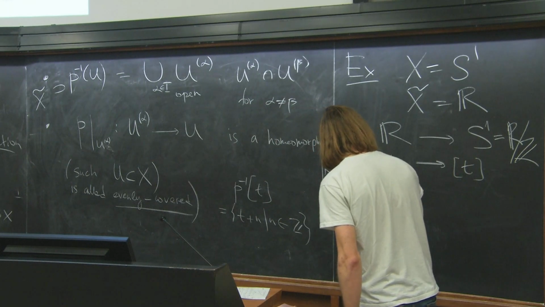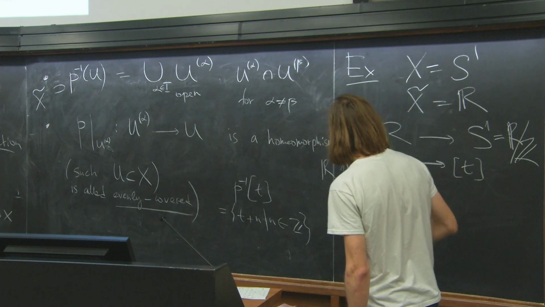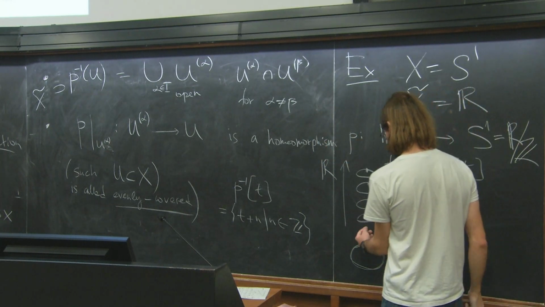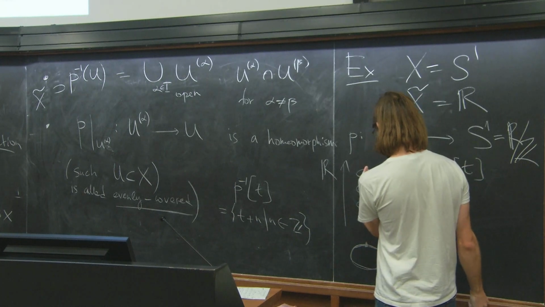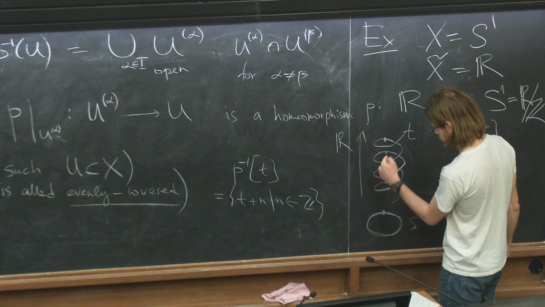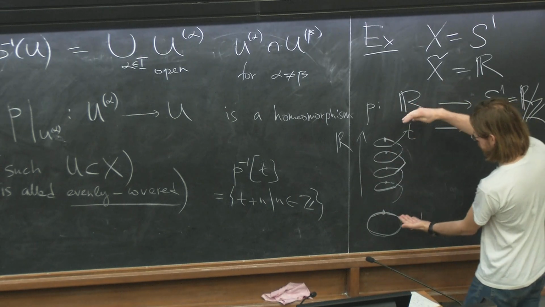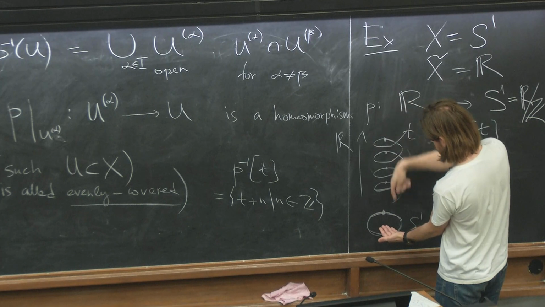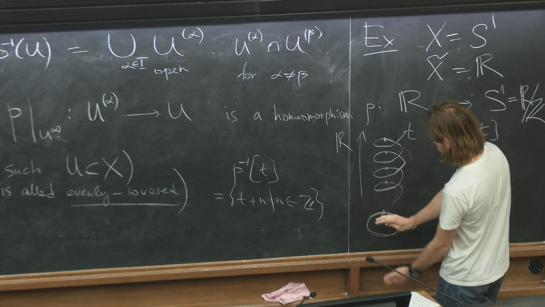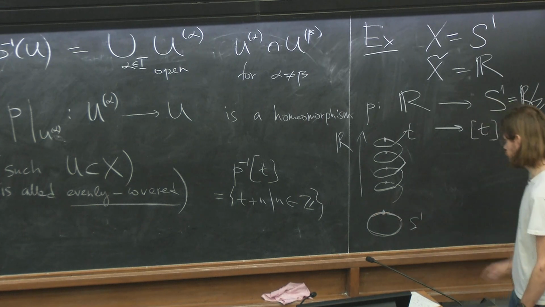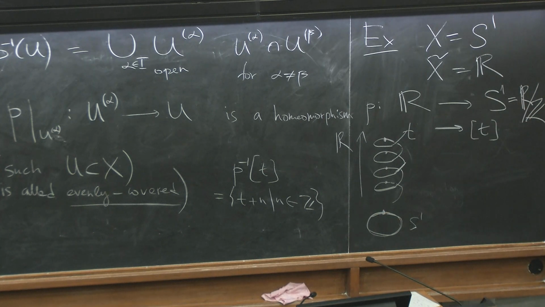So each point here has an infinite number of lifts, which can be understood as the points on this spiral, and the projection is just a projection from this three-dimensional space to the horizontal plane.